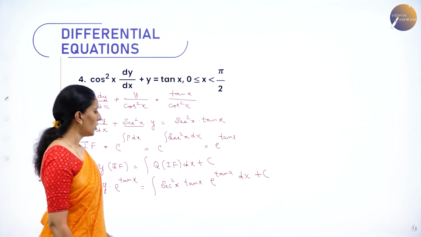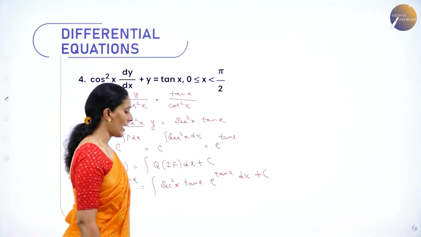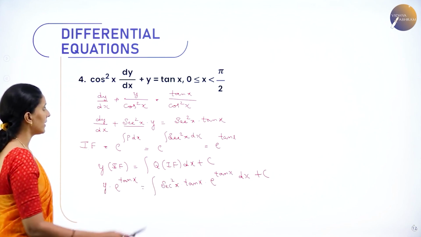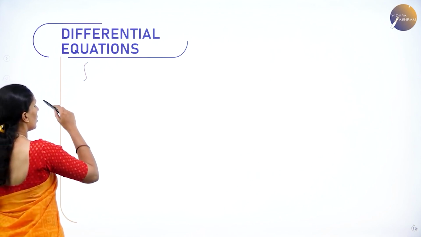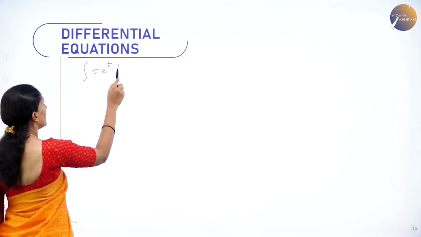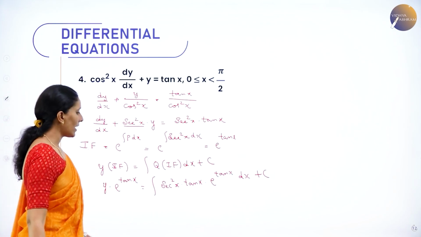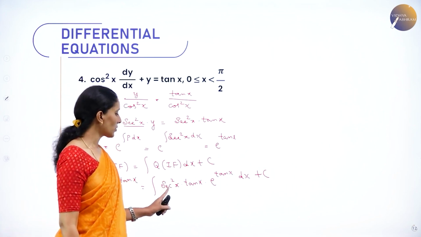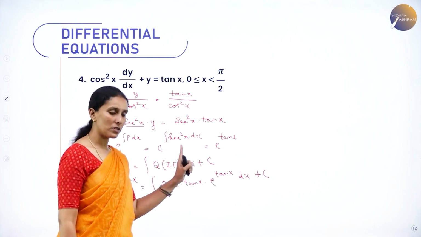Now put t is equal to tan x. Take this integral, that is integral of t into e power t dt, because I have taken t as tan x, then dt is secant square x dx. So secant square x dx becomes dt.